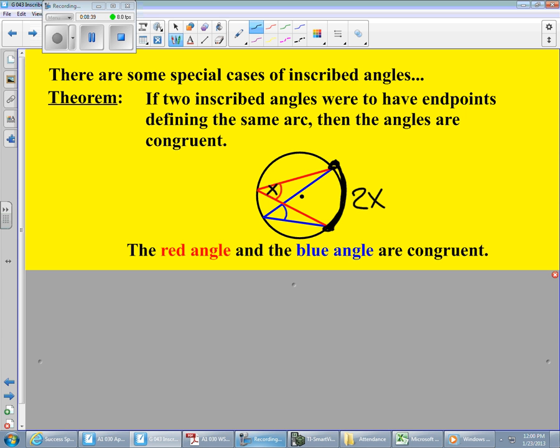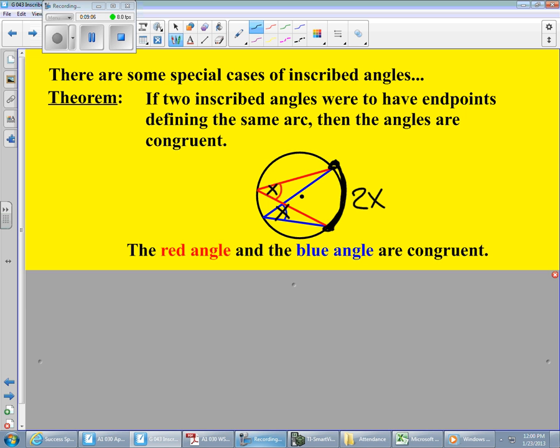Now let's look at the blue one. Doesn't the blue one have this same intercepted arc? Yeah. So the same rule still is going to apply. An inscribed angle is either going to be half as big as its arc, or the arc is going to be twice as big as the angle. So if this arc is 2x, then what do you know about this blue inscribed angle? It's got to be half that big, which is going to be x.